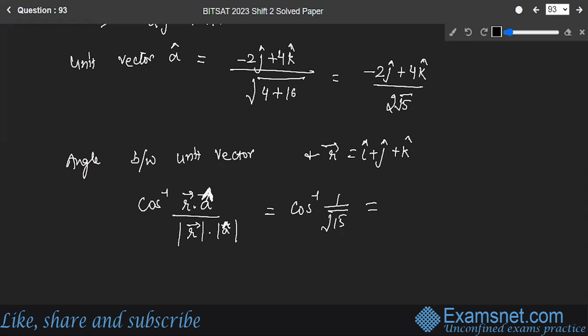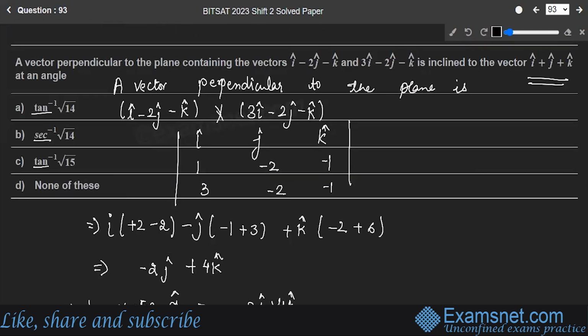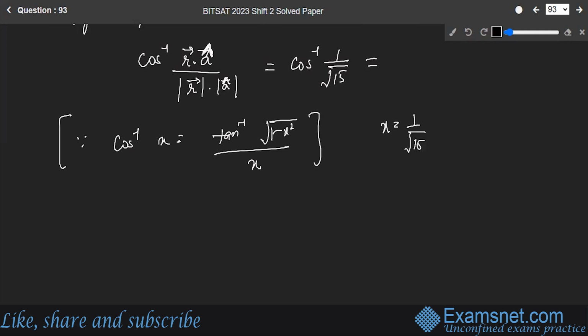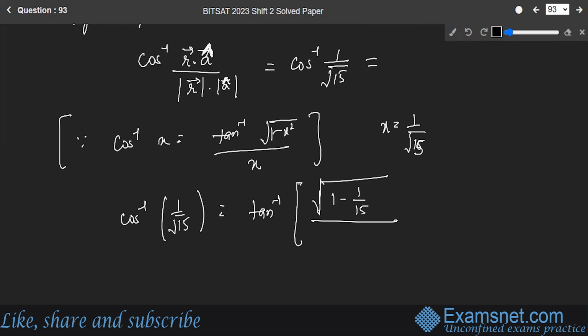Now we have to do some conversion because all the options are in tan, secant, etc. So you know one formula, that is cos inverse x is equal to tangent inverse of root of 1 minus x squared upon x. Here your x is equal to 1 upon root 15. So now cos inverse 1 by root 15 will be equal to tangent inverse of root of 1 minus 1 by 15, upon 1 upon root 15.